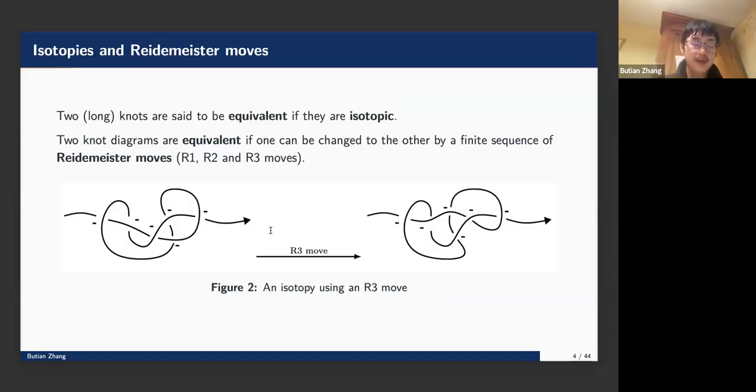For knots, we usually consider them up to isotopy, and for long knots, we do the same. Since we usually describe them by diagrams, we say that two diagrams are equivalent if and only if they are connected by a sequence of Reidemeister moves. And for long knots, the Reidemeister moves are similar. There are three kinds of Reidemeister moves. Let's recall them.